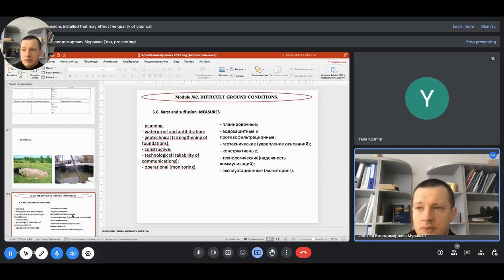In case of karst hazardous territories, it will dissolve our rock structures, rock underground elements, and in case of suffusion, it will make water flow, which removes small particles of soil between the biggest ones, and that will also lead to the underground sinkholes.